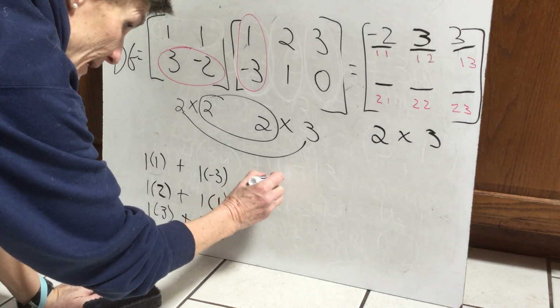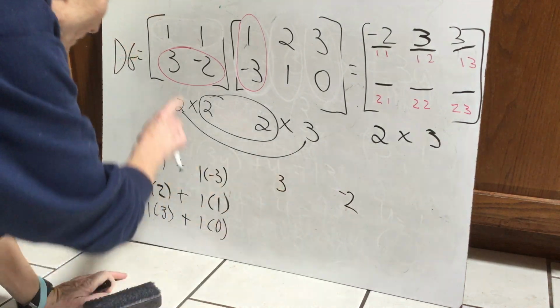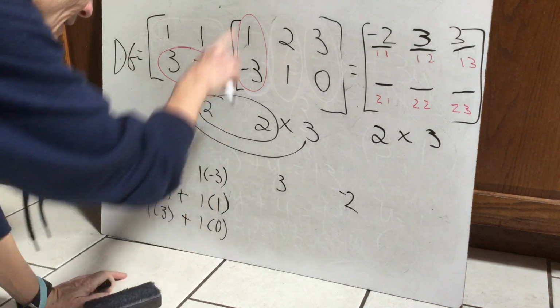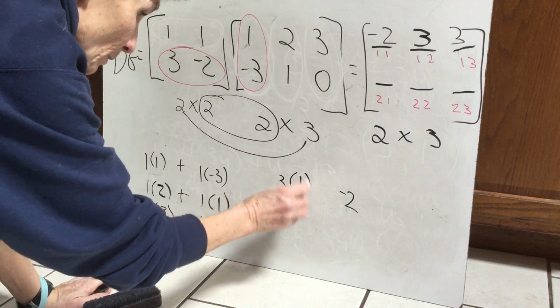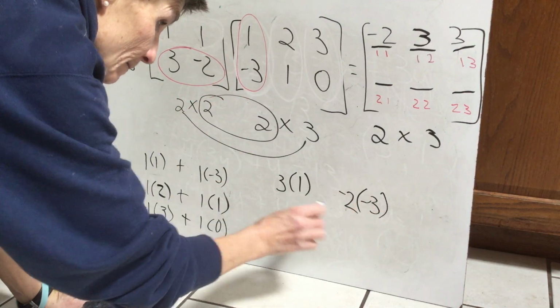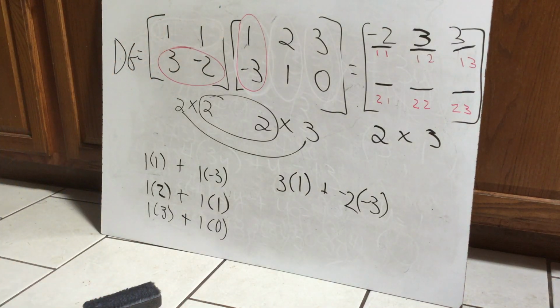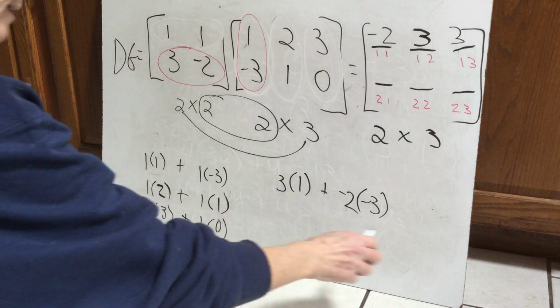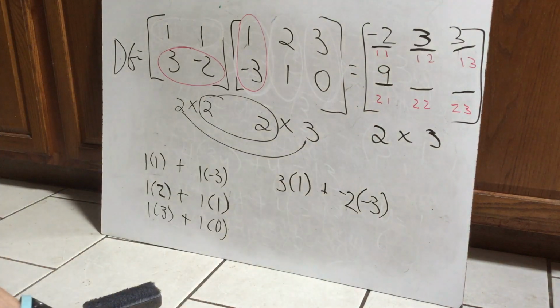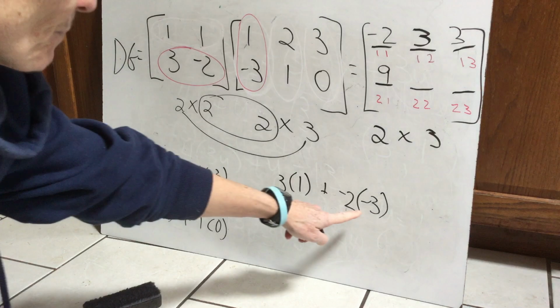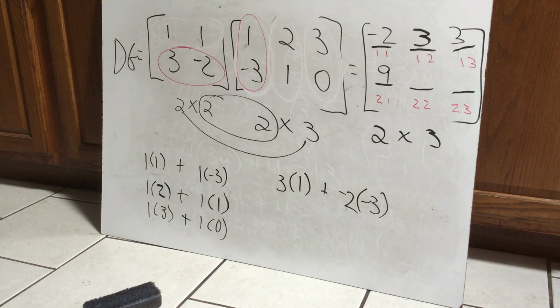So 3, negative 2: write down the numbers in the second row, and then the first column, 1, negative 3. Now multiply each pair and add those together. We have 3 plus 6, so that's 9.